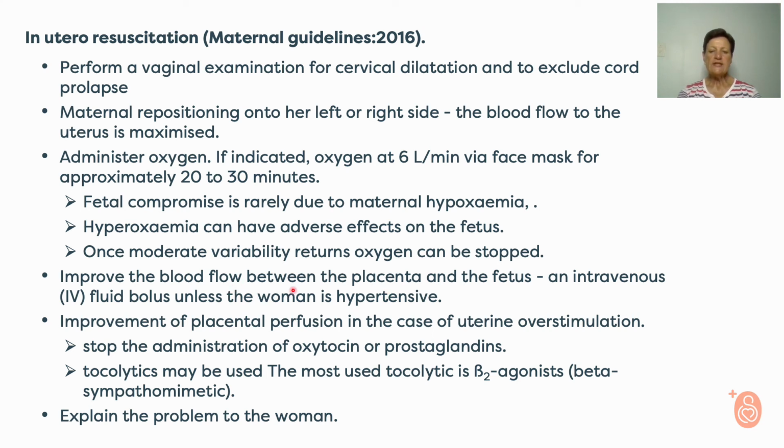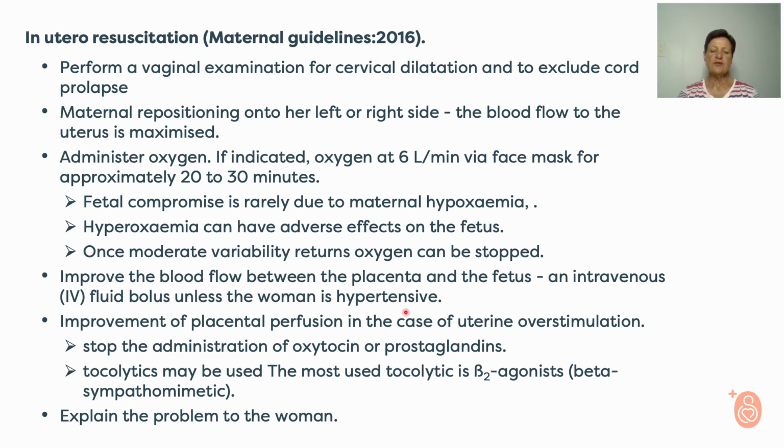And then in the case of uterine hyperstimulation, we should stop the cause of the hyperstimulation as quickly as possible. So we should stop the administration of oxytocin and prostaglandin if it is being administered. And if we can stop the prostaglandins, because sometimes the mother gets the prostaglandins orally or vaginally, and it might be absorbed vaginally already.